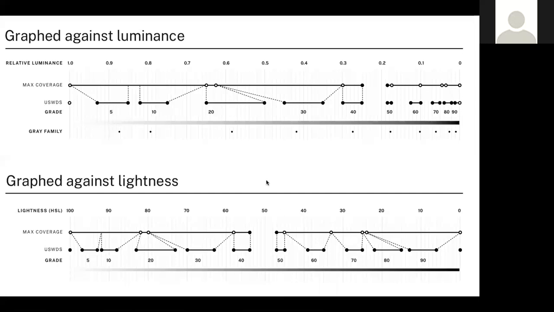So when we graph it this way, it's a little bit easier to see the evenness against lightness than against luminance. But if you look at this, one of the proposed second kind of model, the coverage model, you can see with the pink lines that the coverage model covers a lot of the spectrum.